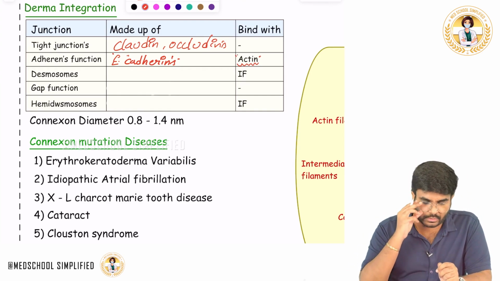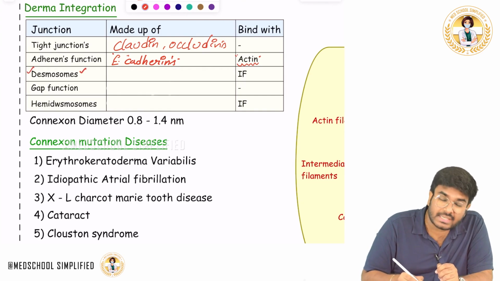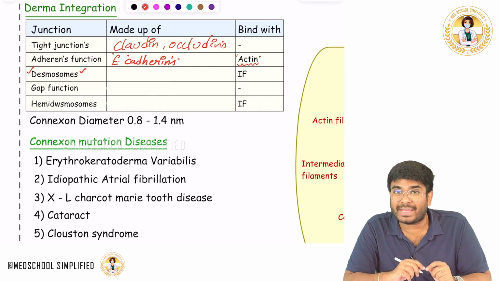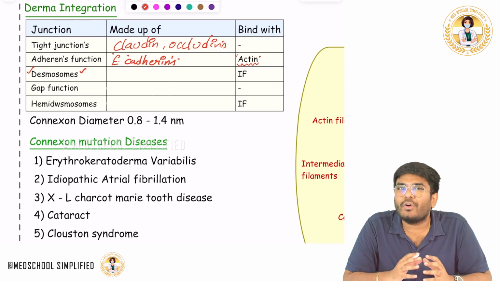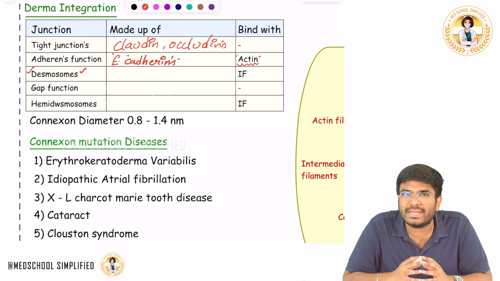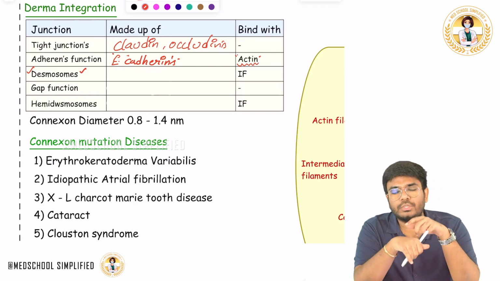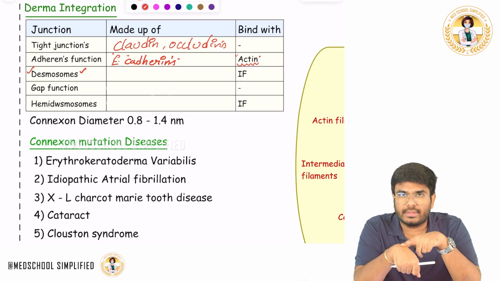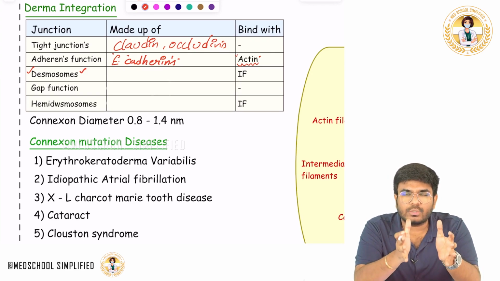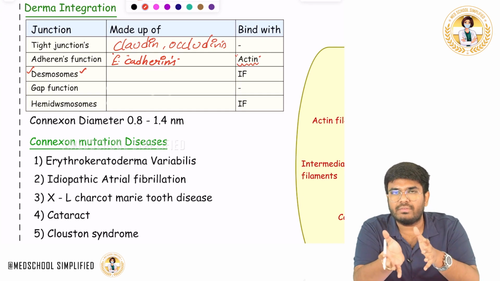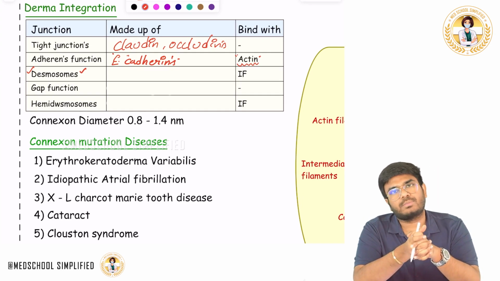Next, desmosomes. These desmosomes are especially present between the keratinocytes. Can you tell me what exactly keratinocytes are, guys? Keratinocytes are the skin cells. So your skin cells are attached with one another. One keratinocyte is attached with the other keratinocyte with the help of desmosomes.